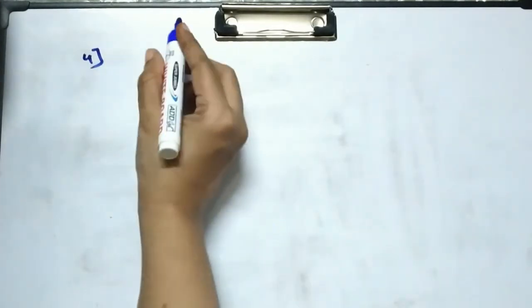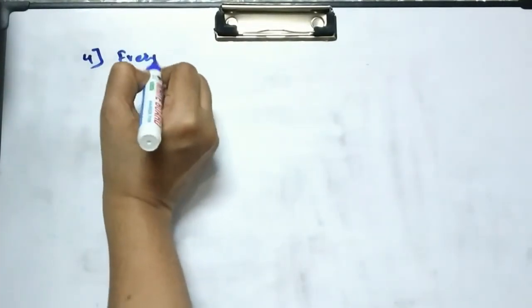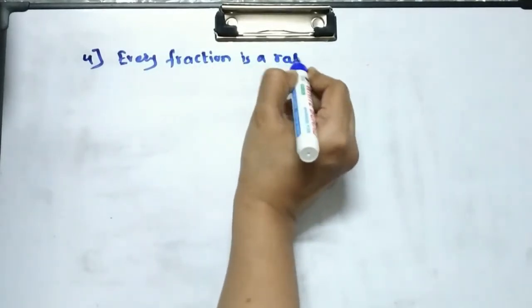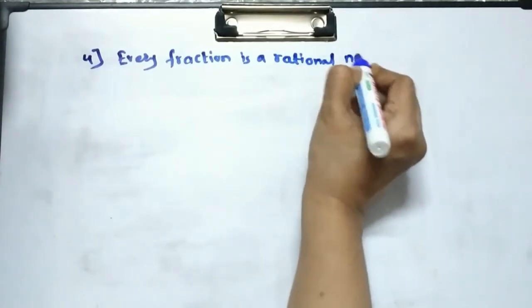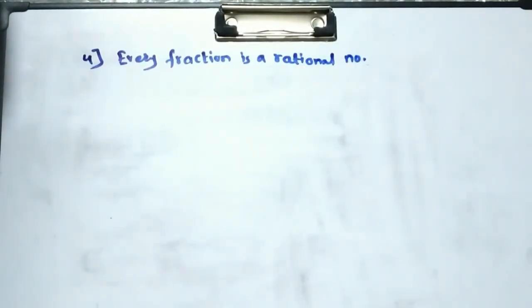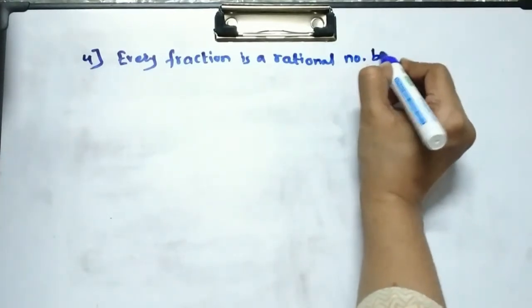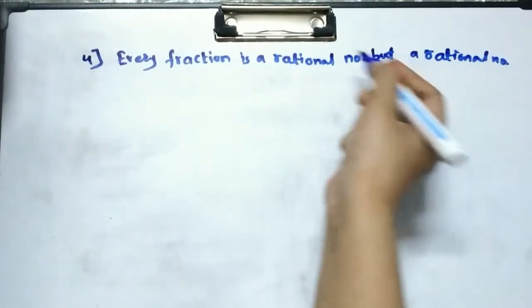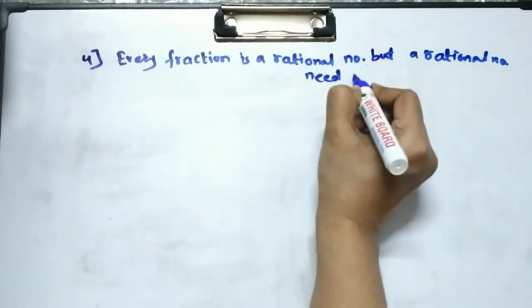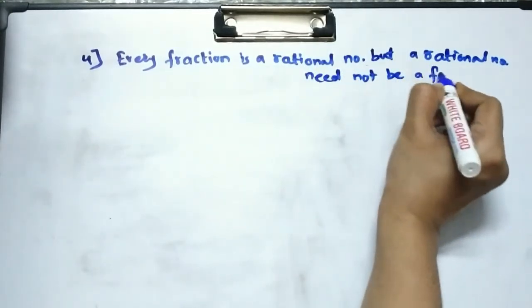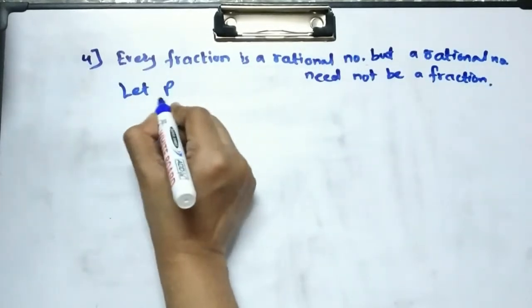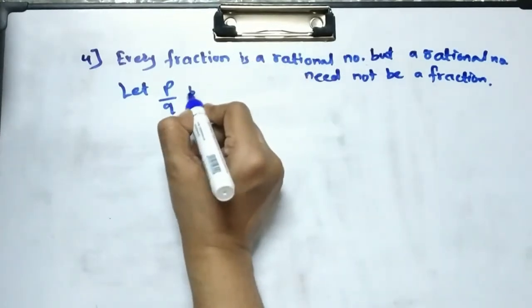Friends, the next property, the fourth property: every fraction is a rational number, but a rational number need not be a fraction. Let's consider P by Q to be any fraction.